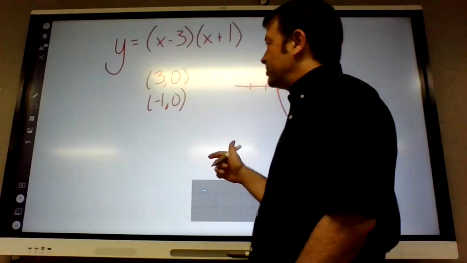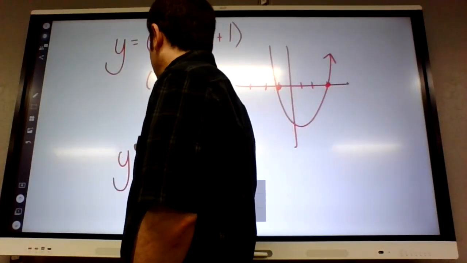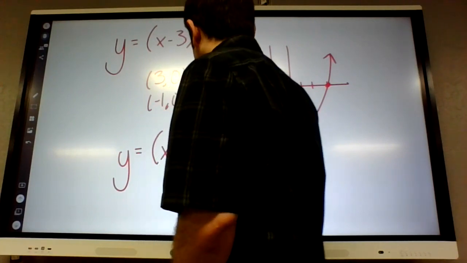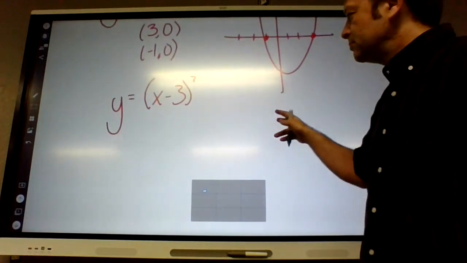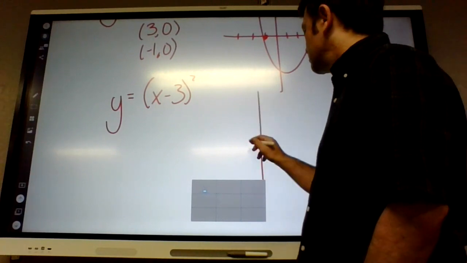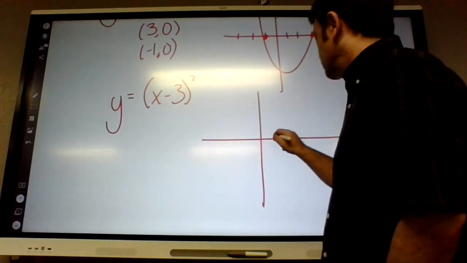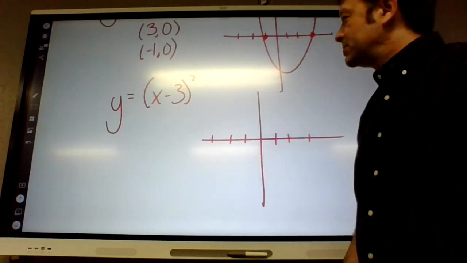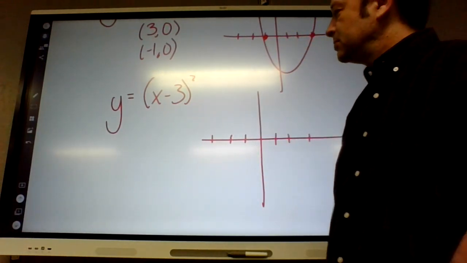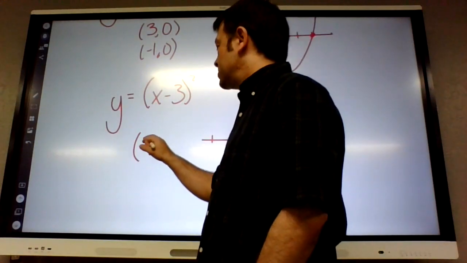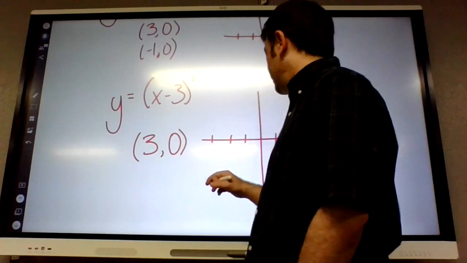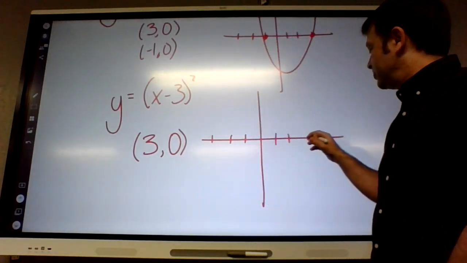What happens though if we have y equals x minus 3 squared? Well, what's the zero of the function? 3. When x is 3, the y value is 0, but there's only 1.